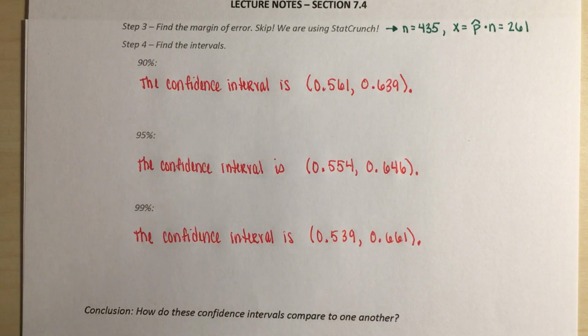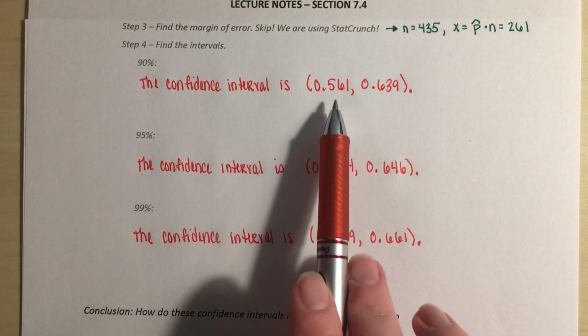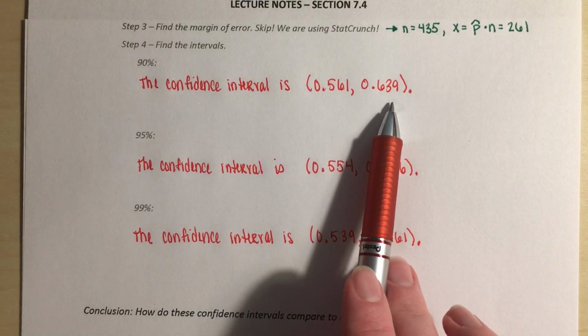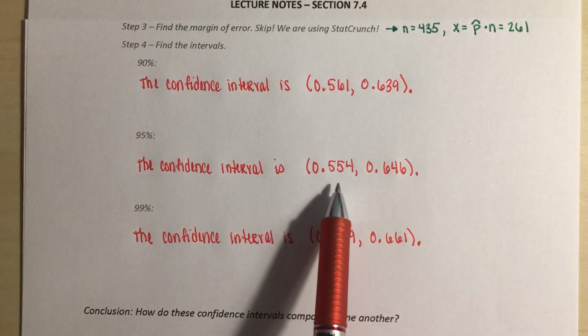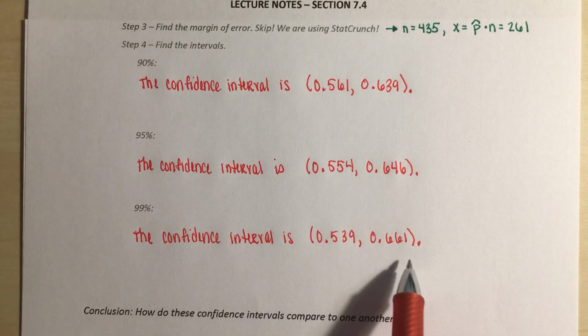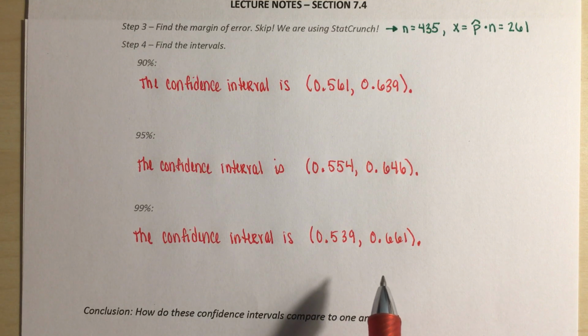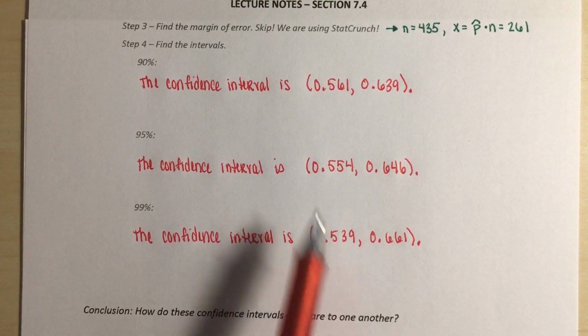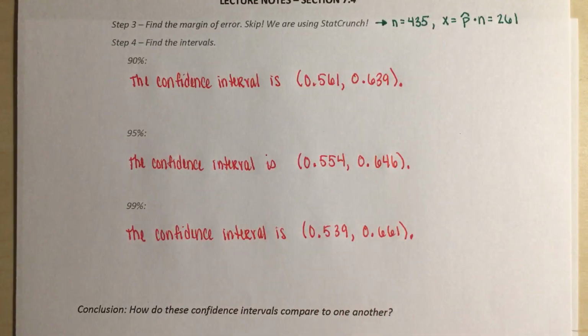Now, if we compare these three different confidence intervals, notice that we go from about 56% to about 64%, about 55.5 to 64.5, about 54 to 66. So as the level of confidence increases, the width of the interval also increases. This interval is the widest, that interval is the smallest.